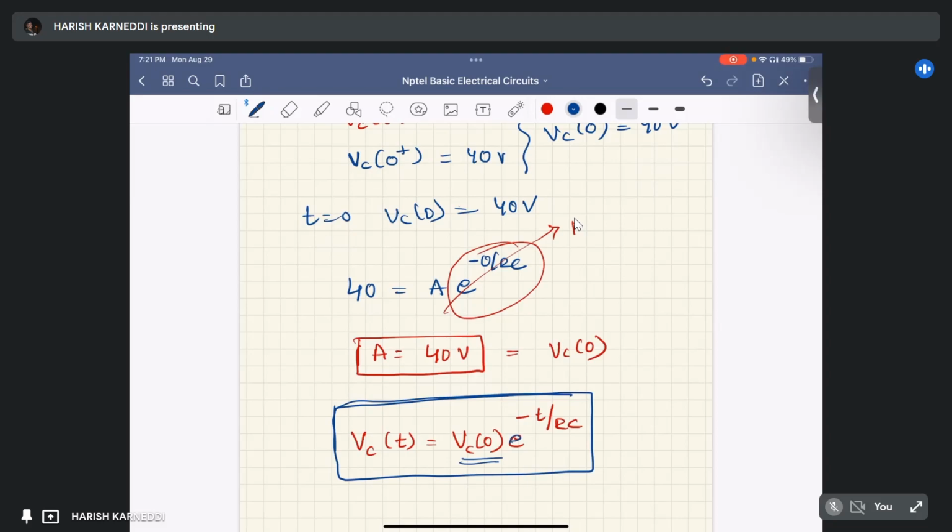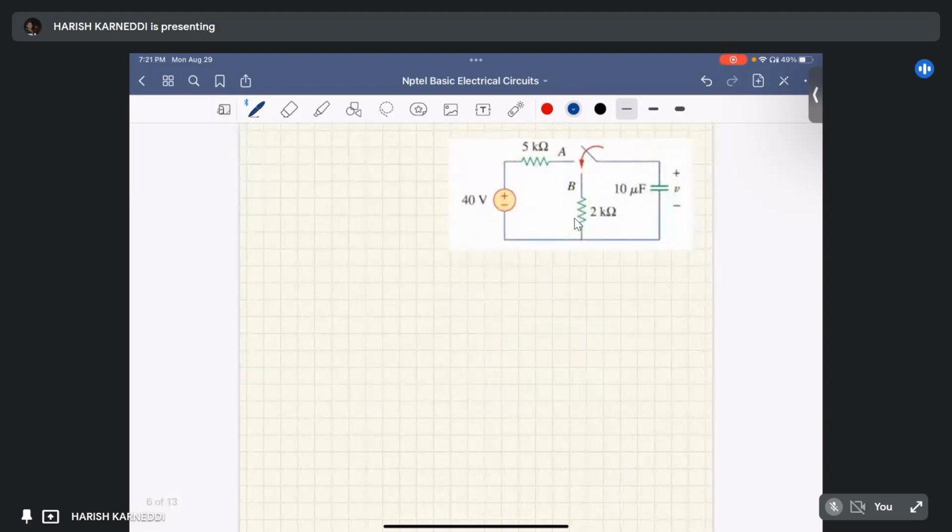Now in this question, initially the Vc of 0 equals 40 volts and the capacitance C equals 10 microfarad. After moving that switch to B position, what is the circuit? The circuit will look like this, I'm just drawing it.